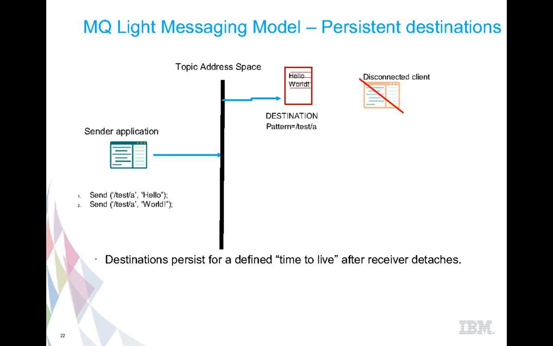It has persistent destinations, where you can define a time to live after the receiver detaches. So you can define a time to live on the destination, and the destination will be kept active until the time to live expires, after which the destination is deleted. This is after the receiver detaches itself.